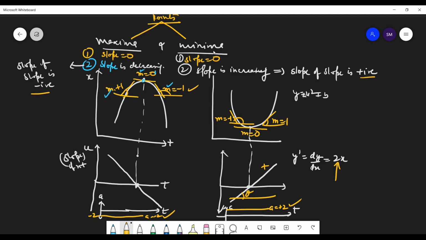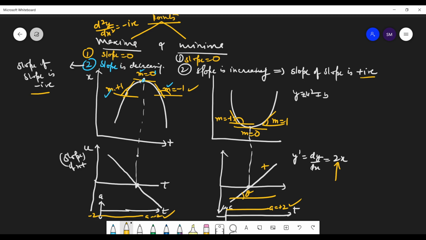So what does this mean? It means that d square y by dx square, you will get negative here in case of maxima, because slope is decreasing from maxima.